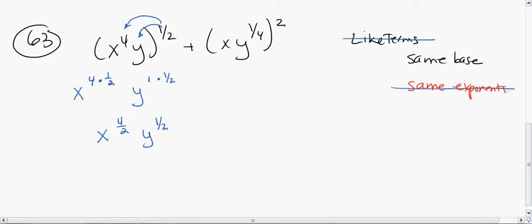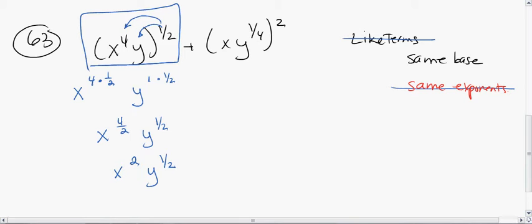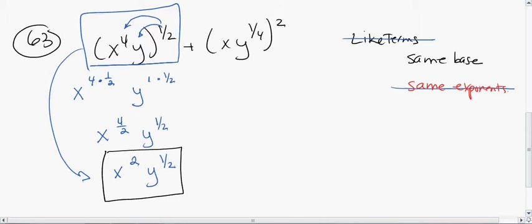Right, 4 times 1/2 is just 4/2. 1 times 1/2 is just 1/2. And now let's simplify that. 4 divided by 2 is just 2. X squared, y to the 1/2. So I'm rewriting this term right here, the x to the 4th y all to the 1/2 power, as this term down here. X squared times y to the 1/2 power.